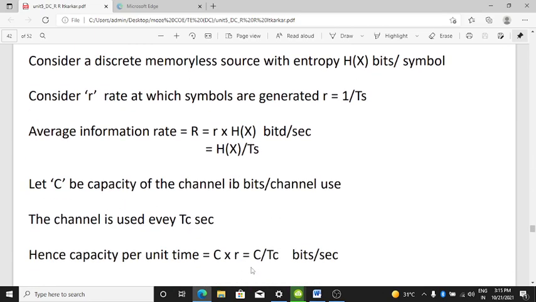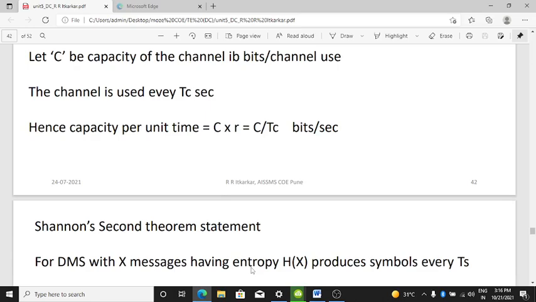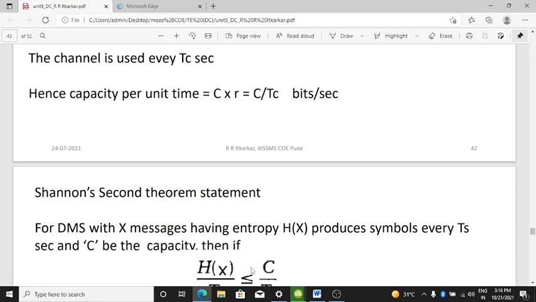Average information rate R is equal to r into H of X, that is H of X upon Ts bits per second. Let C be the capacity of the channel, in bits per channel use. The channel is used every Tc seconds. Hence capacity per unit time is C upon Tc bits per second.